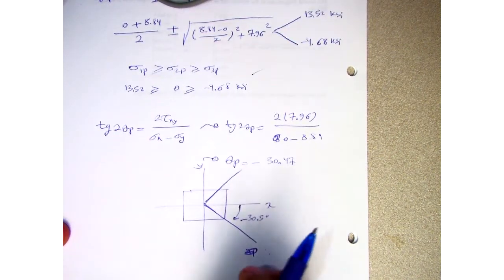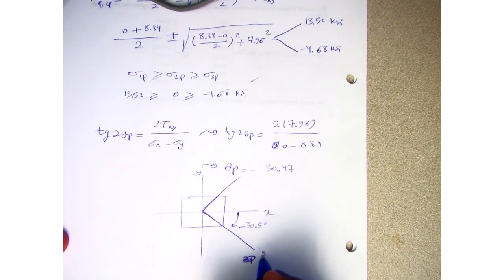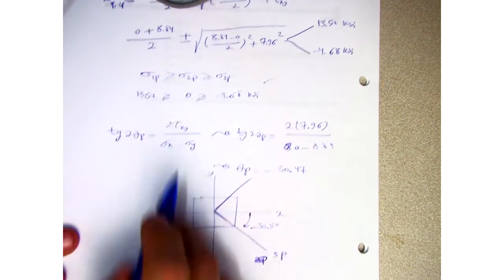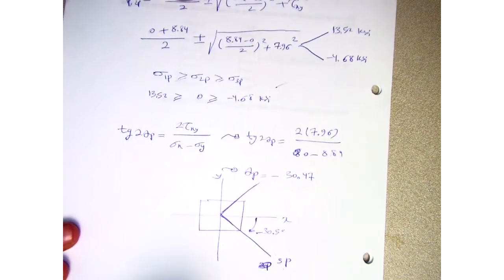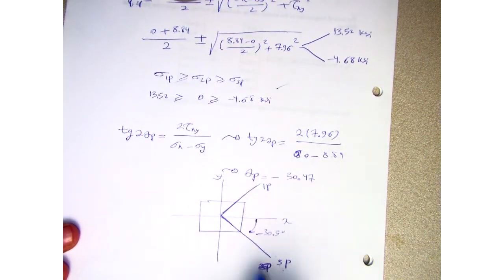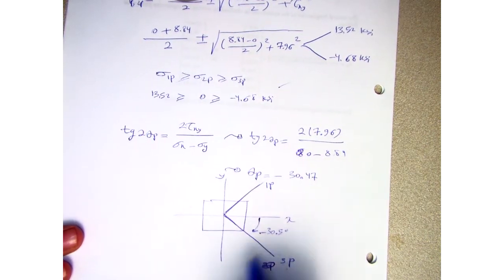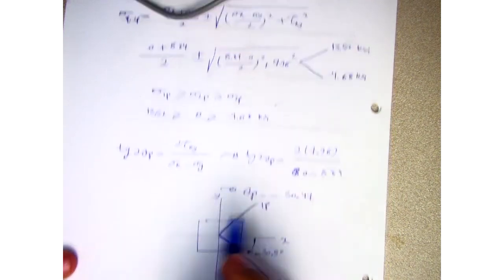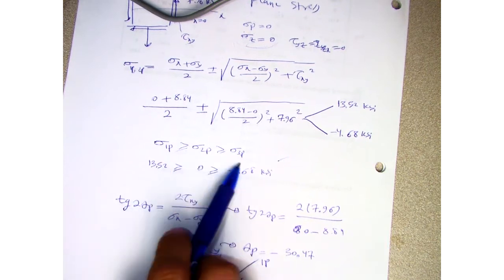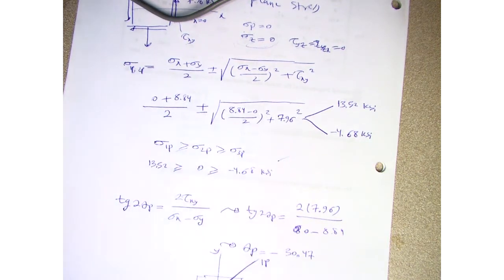So basically, this is going to be what I call the third principal stress, right? And this one is going to be my first one, so 1p. All right, so this is the orientation of my principal axes, and I found their magnitude as well using the formula.